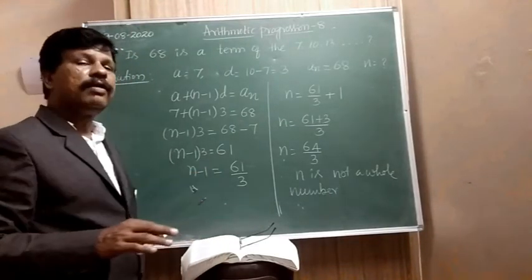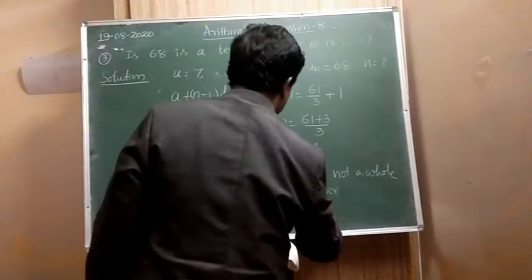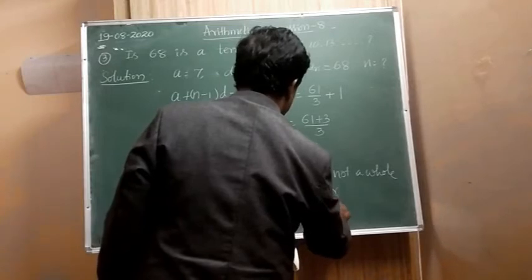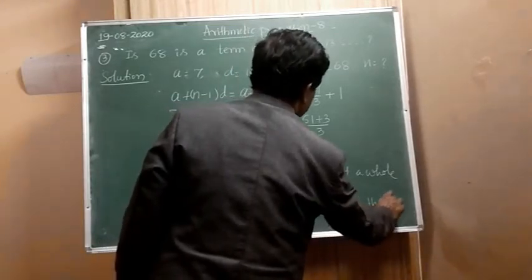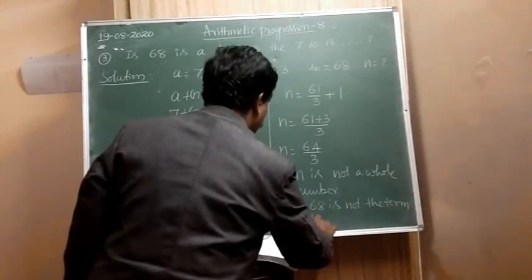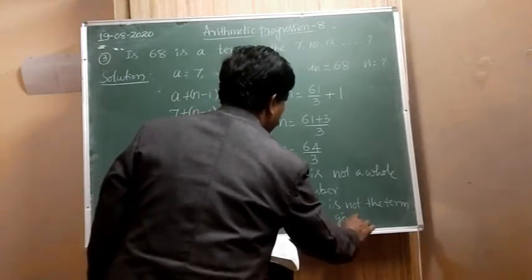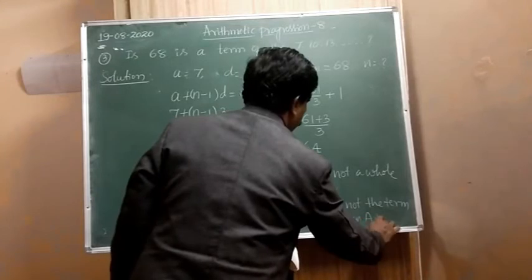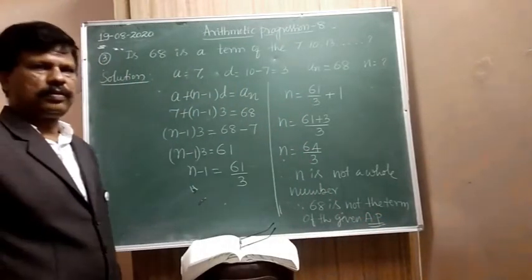N cannot be a fraction. Therefore, the given term 68 is not a term of the given AP. Clear?